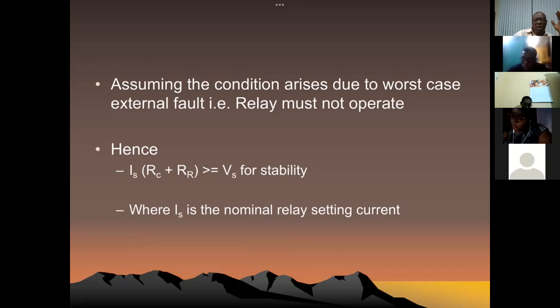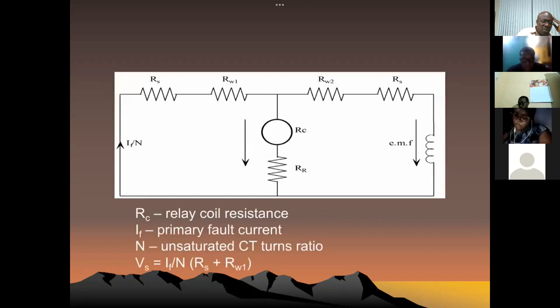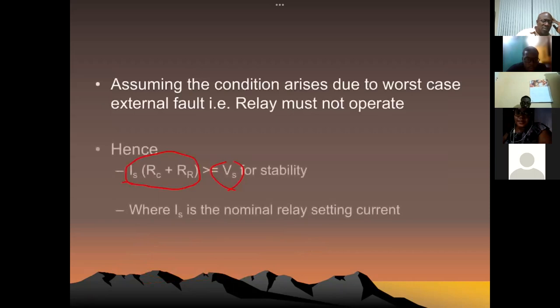So we are looking at what happens for the worst case scenario with your external fault. As I said, basically what we are doing is balancing the voltages. So we want to balance the voltage across the relay leg or branch with Vs. We had already shown that Vs is equal to, just going back, so this is Vs, and we're balancing it with IS(RC + RR).